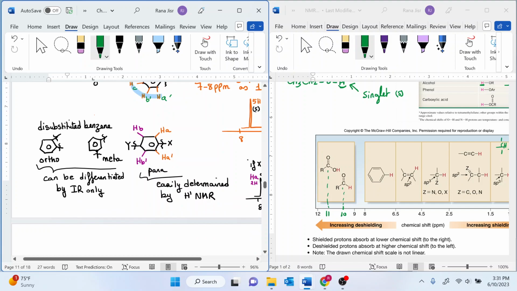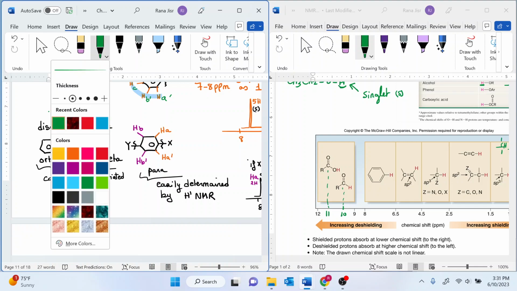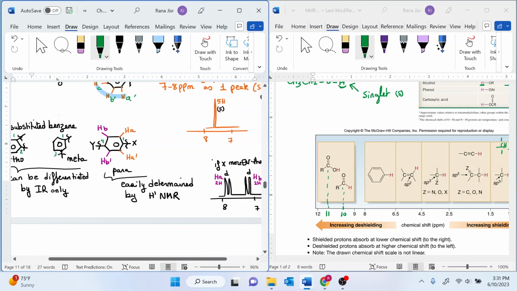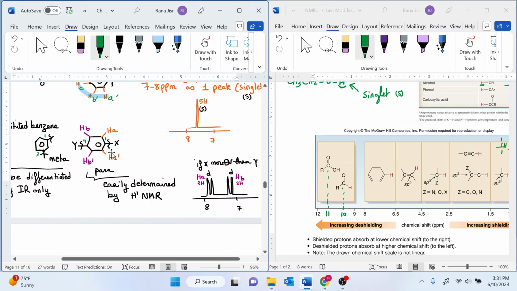A disubstituted benzene exists as ortho, meta, and para. We said that ortho is whenever you have positions 1 and 2 occupied on the benzene, meta 1, 3, and para 1, 4. Proton NMR is useful for the para-substituted benzene, because with the para-substituted benzene, I will have 2 types of hydrogens, depending on X and Y. If X is different than Y, then I'm going to end up having hydrogen A, which is equal to hydrogen A prime.